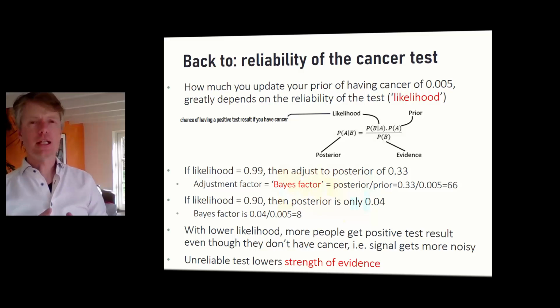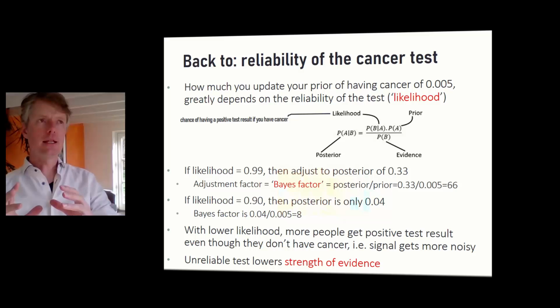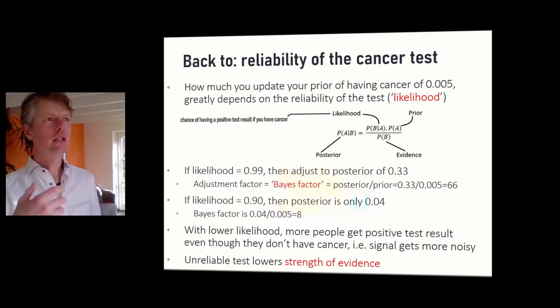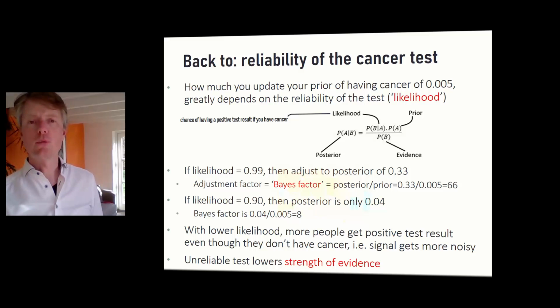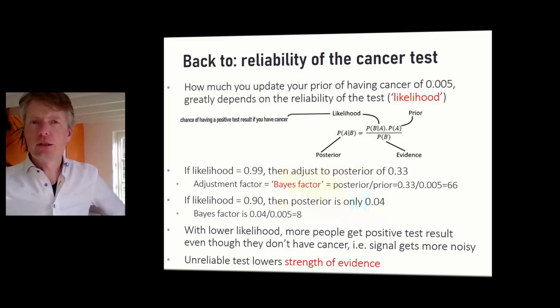And that means that the adjustment factor, the change in the probability that you assign to having cancer, is actually 66. Because you divide your posterior of 0.33 by your prior of 0.005, and that's 66. We also call this the Bayes factor. That's basically what you learn from your cancer test.